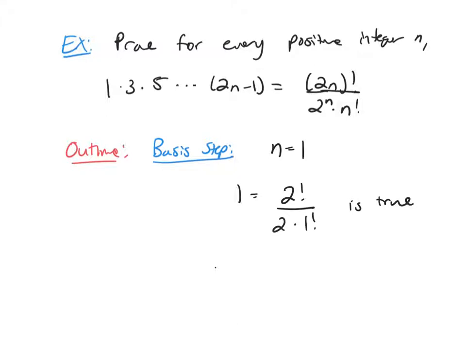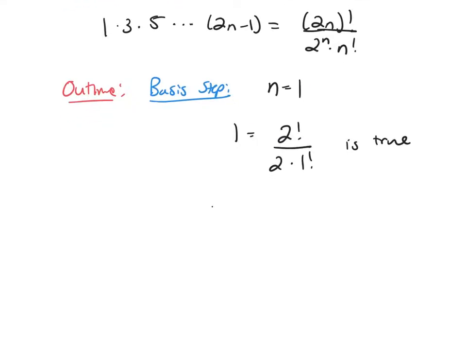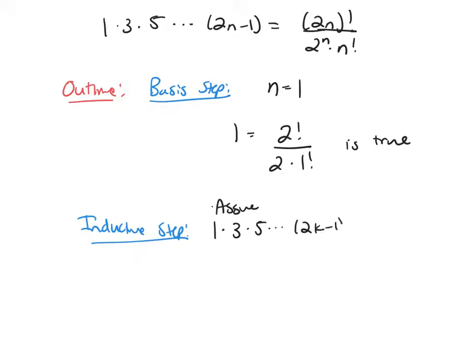Now we're going to move on to our inductive step. We have 1 times 3 times 5, we're going to assume all the way up through 2k minus 1 equals 2k factorial over 2 to the k times k factorial.